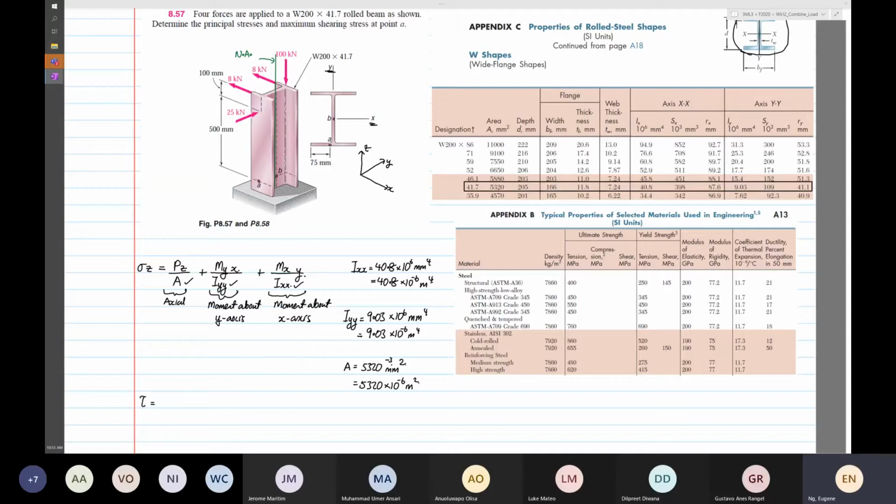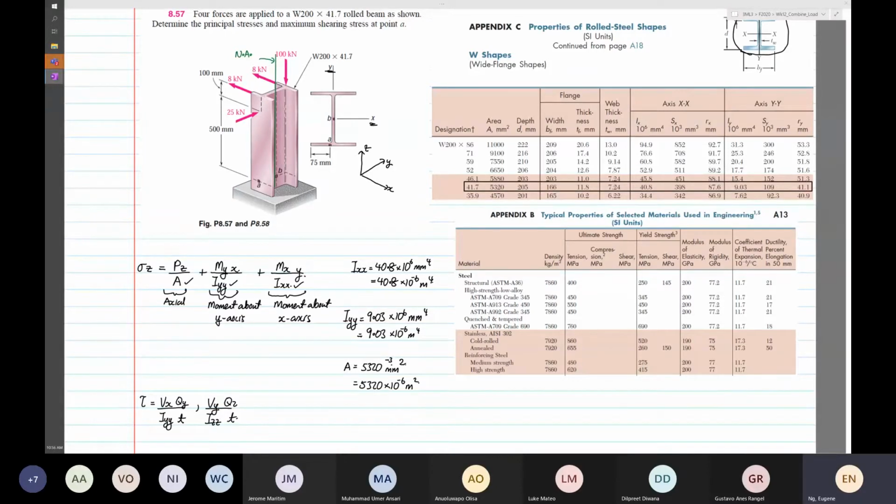So the shear is equal to Vx over Iyy, Qy divided by the thickness. Or Vy over Izz, Qz and t.